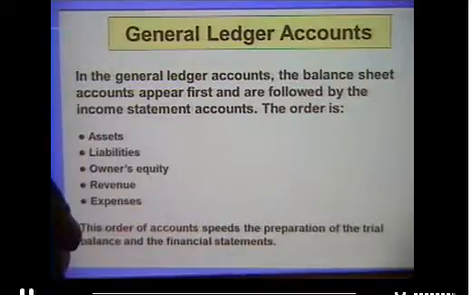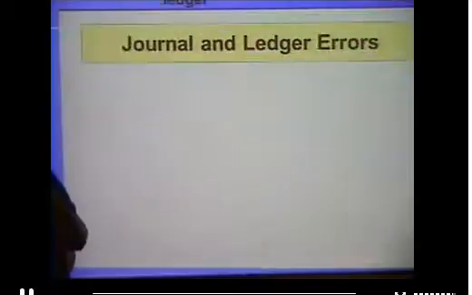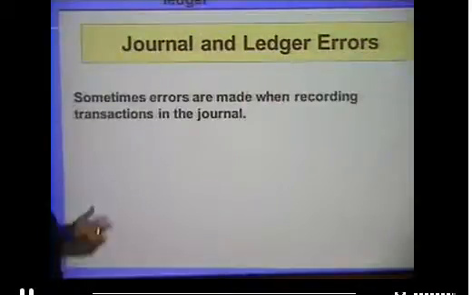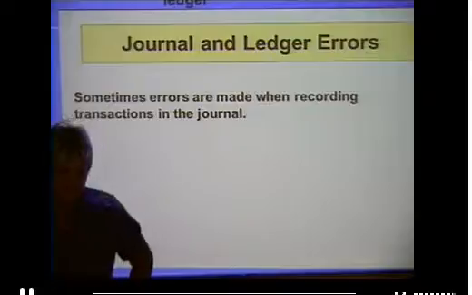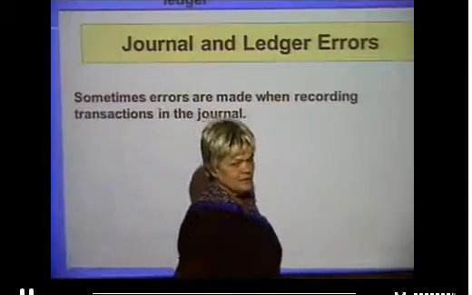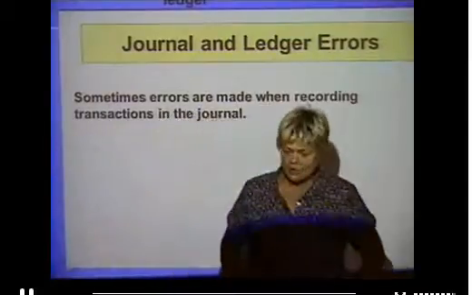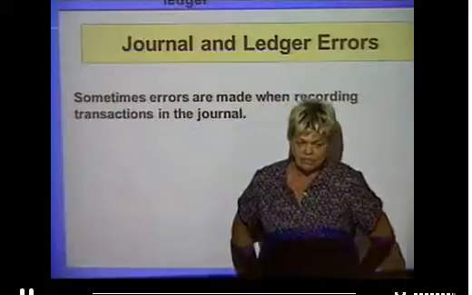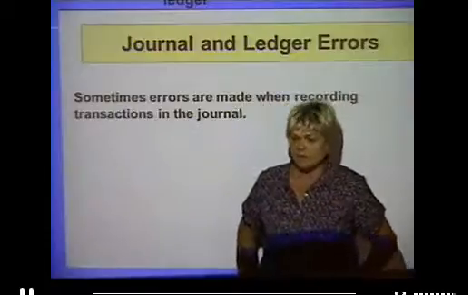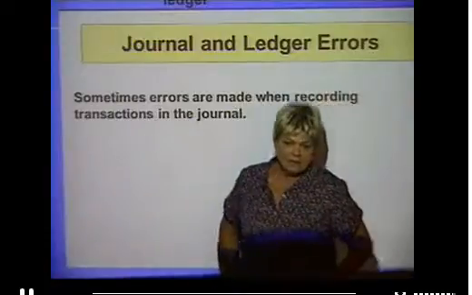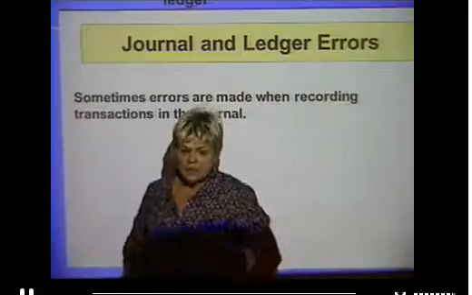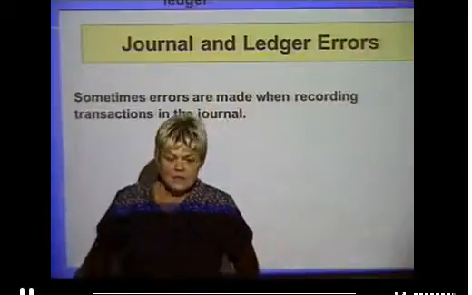If you have an error, sometimes errors are made. In this class, you may use a pencil and you may erase on your homework, but in real life, you must use ink and you may not erase or use whiteout, period. These are legal documents, and as you record it, you cannot change it after you've written it down.